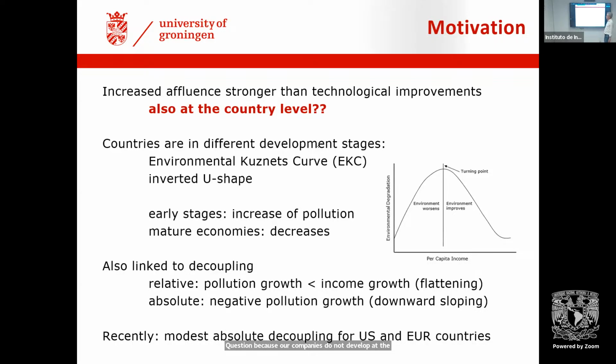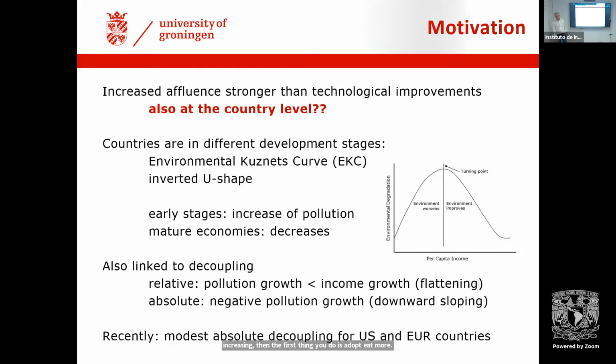Countries are in different development stages, and it depends where the country is, because we have here the environmental Kuznets curve, and it's an inverted U shape, and here it says per capita income, and here the environmental degradation. So very poor countries, if their per capita income starts increasing, then the first thing you do is eat more.